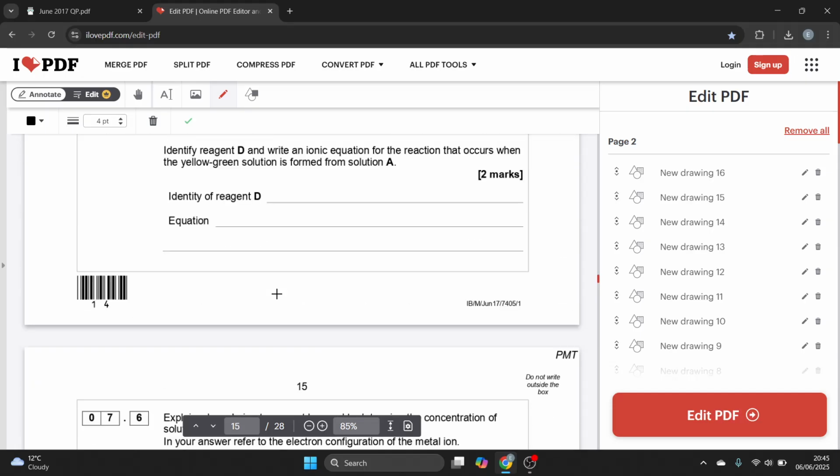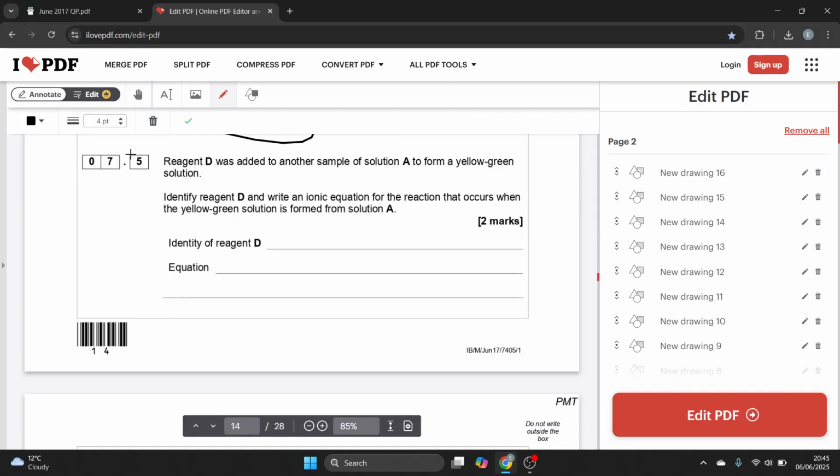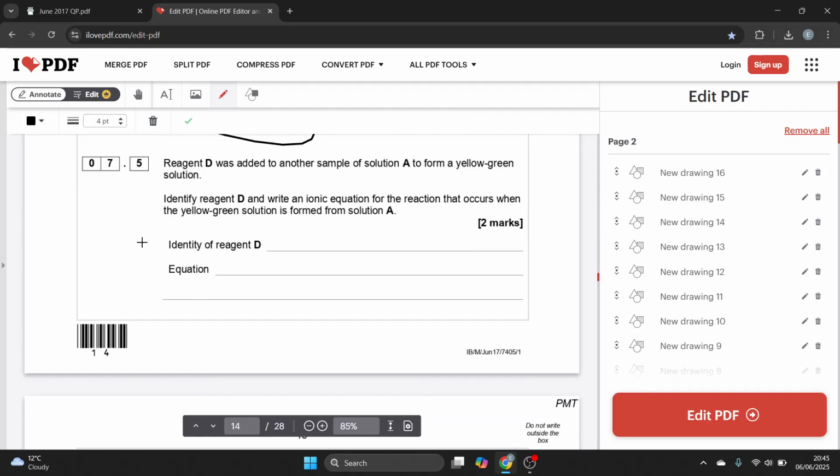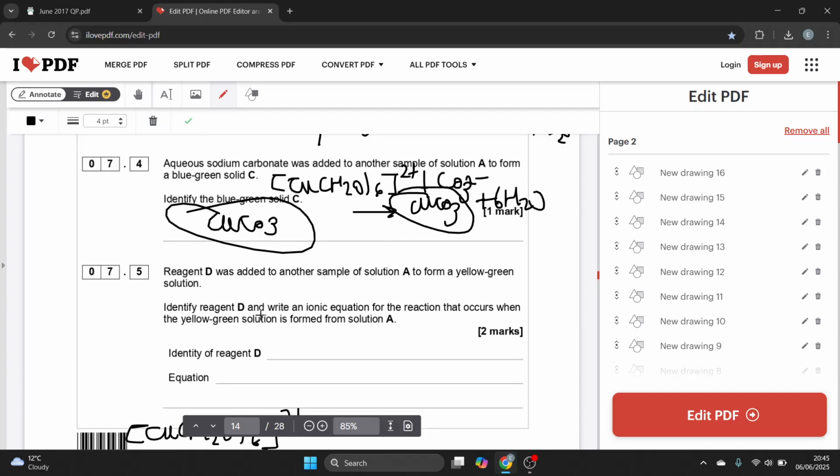Okay, now it's getting really complicated. Reagent D was added to another sample of solution A, but solution A is Cu(H2O)6 2+. Reagent D was added to form a yellow-green solution. Yellow-green.